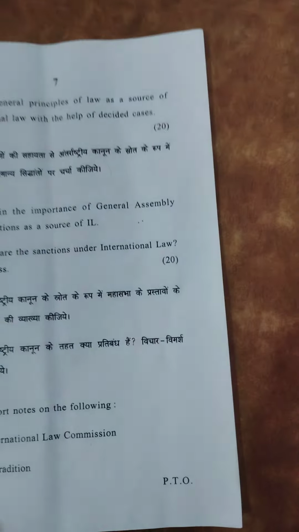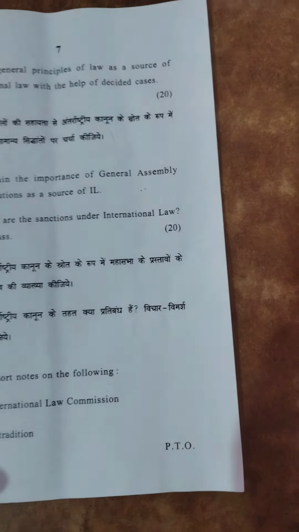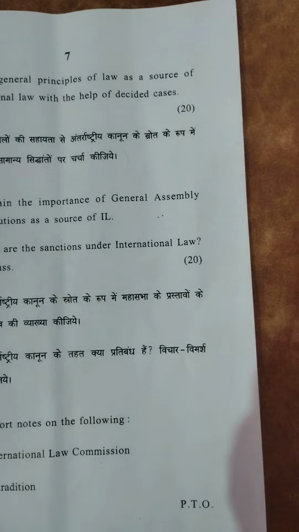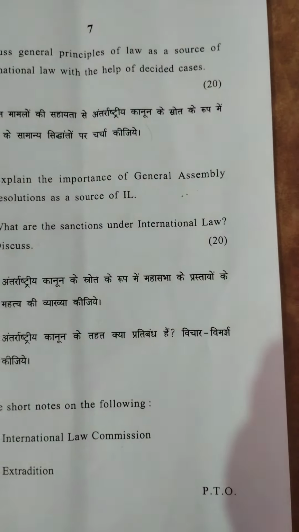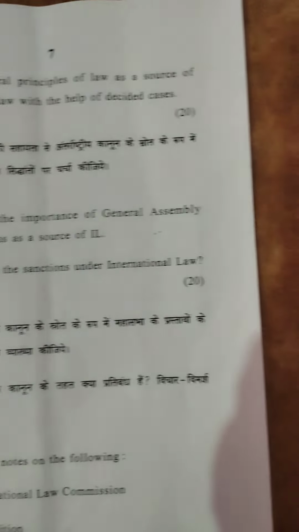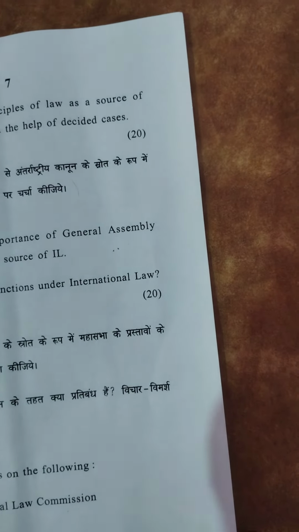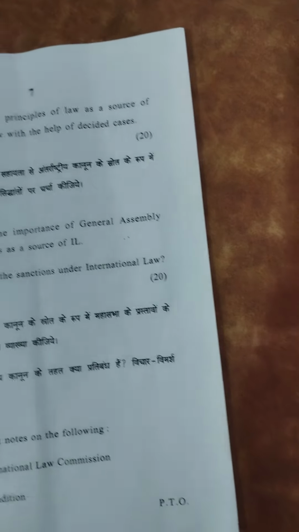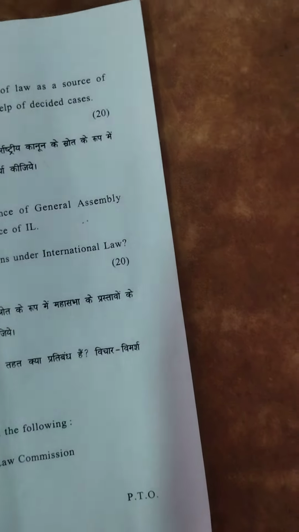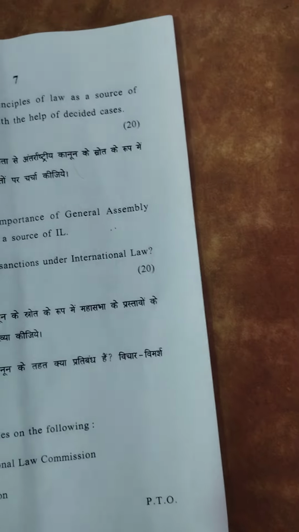There are various sources of international law provided under Article 38 of the Statute of the International Court of Justice, and one of them is the general principles. You have to describe the general principles of law as a source of international law.